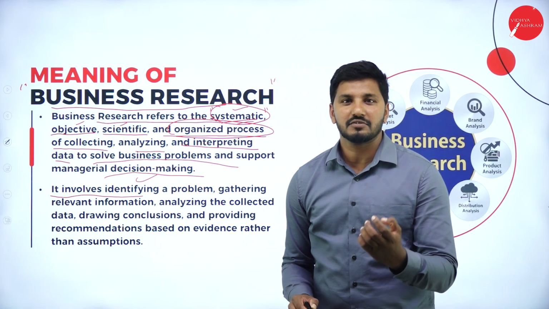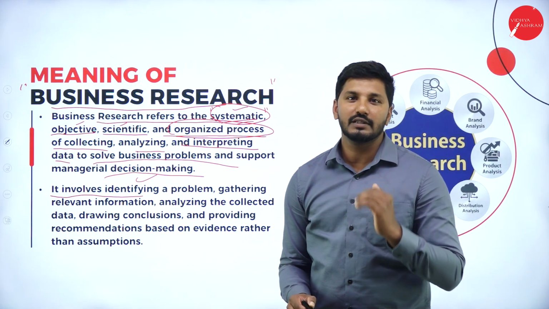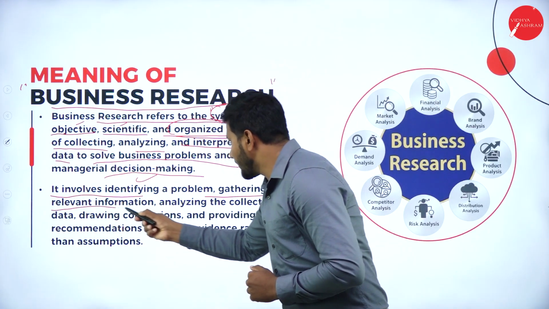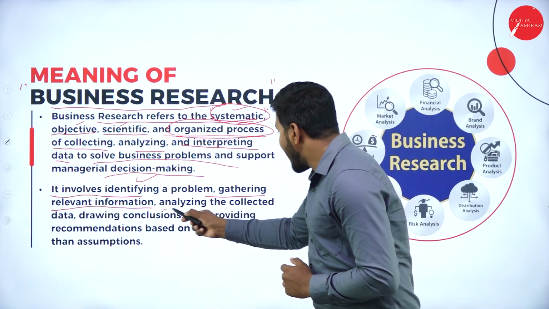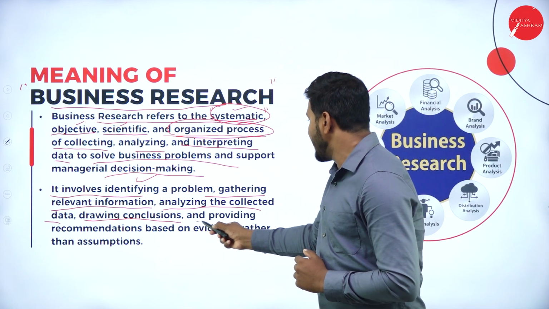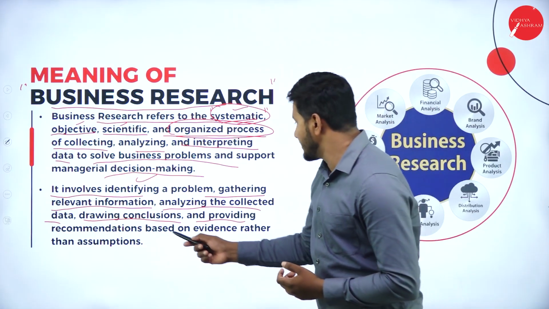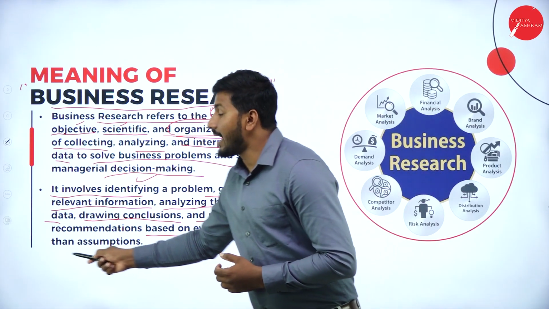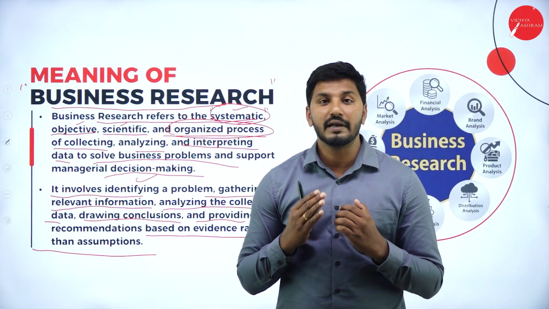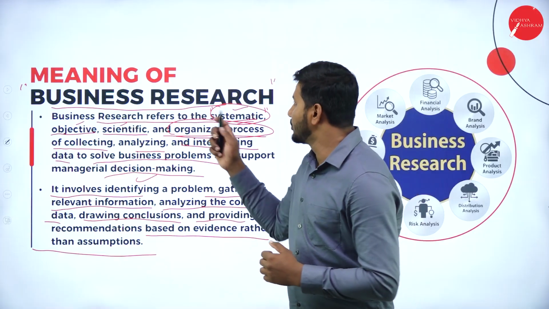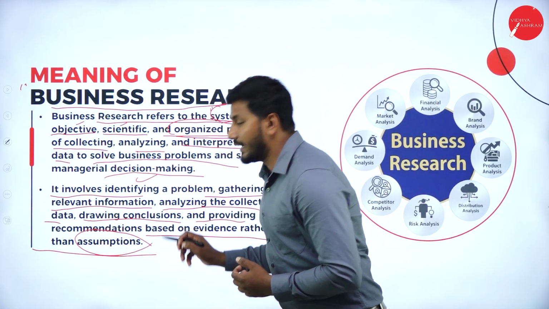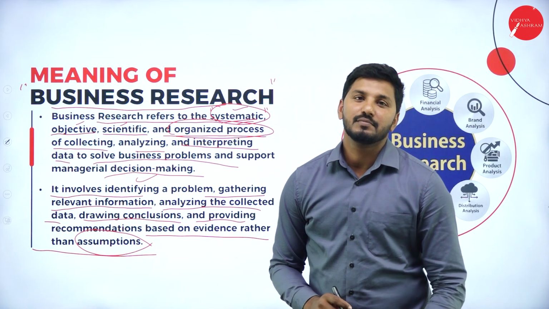What is the problem we actually have to identify through this business research, gathering relevant information, then analyzing the collected data, drawing conclusions and providing recommendations based on evidence rather than assumptions. Business research gives complete, realistic evidence to do or start a business instead of assuming the data. So that is called business research.